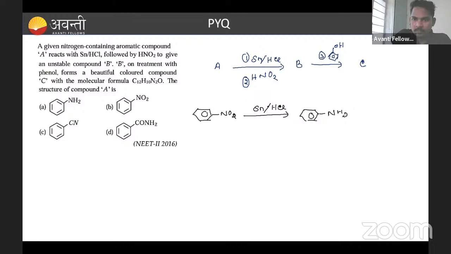After that, if you do the diazotization, HNO2, HCl, then we will get N triple bond N, Cl minus, this is plus. So after that, if you add this one with phenol, what is the product we will get?